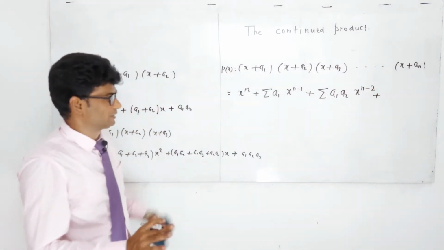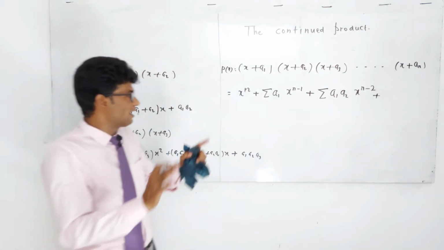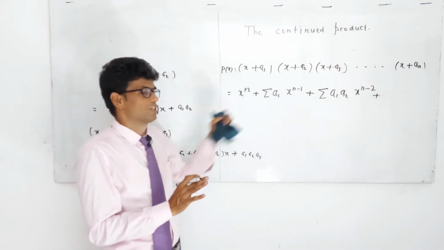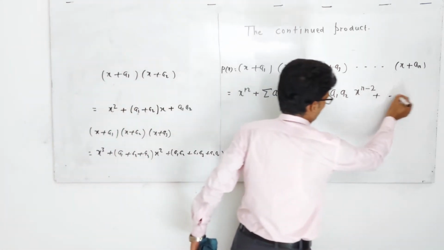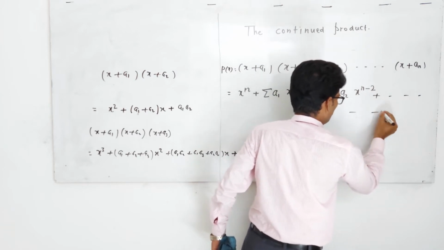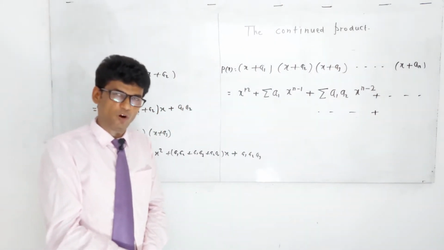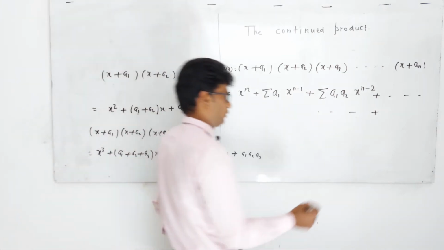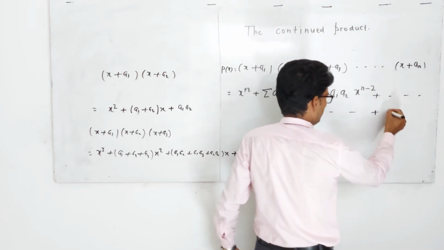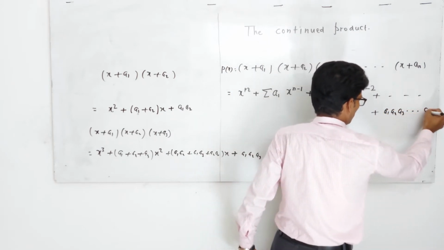Finally, we have to take numbers from every one of the factors. Then we will get a1, a2, a3, dot dot dot an.